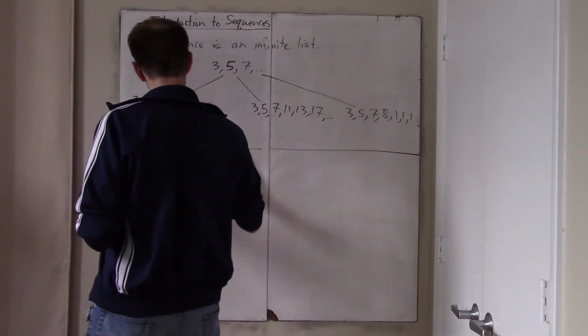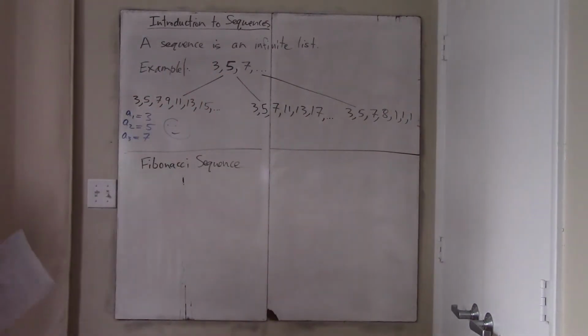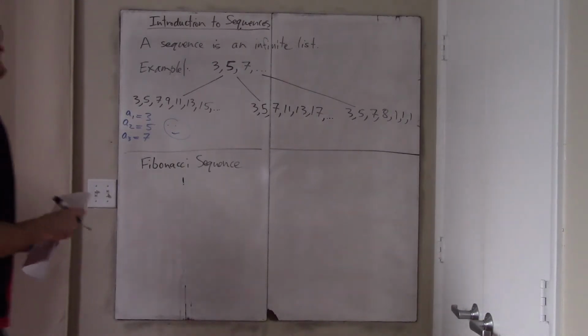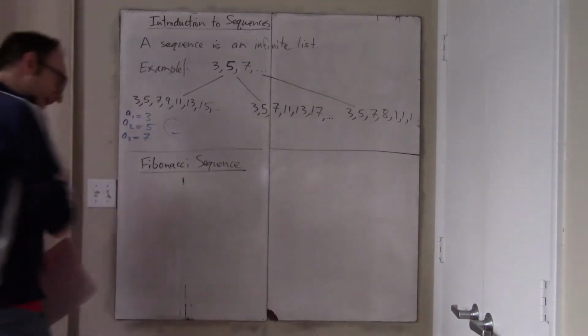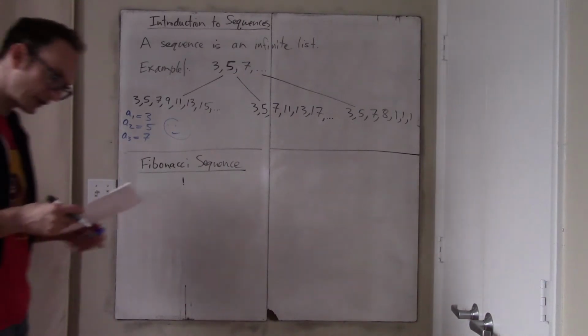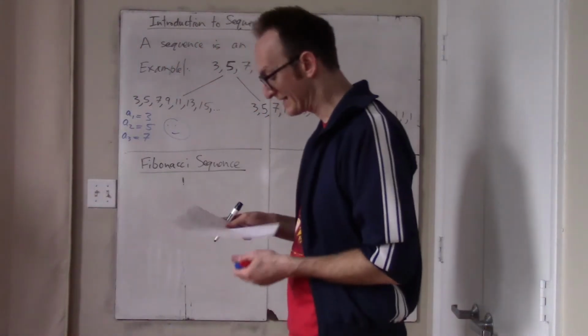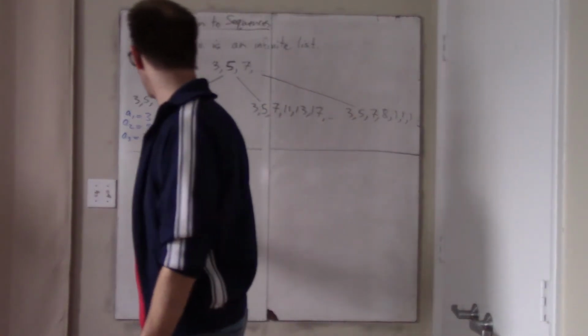Fibonacci sequence. This is a 12th century Italian mathematician named Fibonacci who did a lot of investigations with this branch of discrete math, and you've probably seen this sequence before. We're going to learn more about it later, including the history of how it got started. But for now, I'll just tell you what it is.